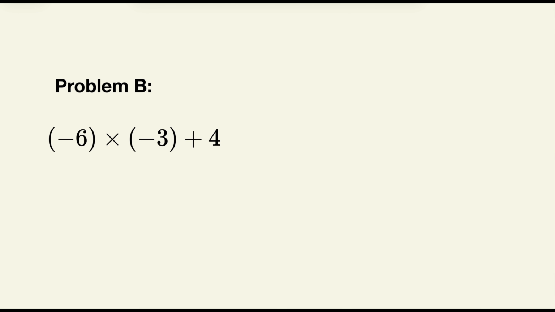Okay, so we have a negative times a negative. And a negative times a negative is a positive, which means negative 6 times negative 3 is positive 18. And 18 plus 4 equals 22. And that's the final answer.